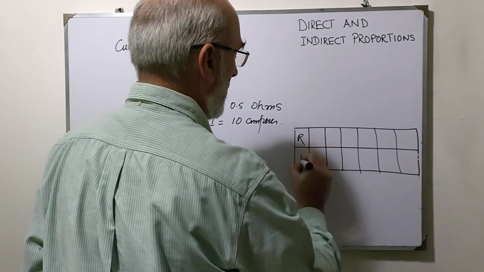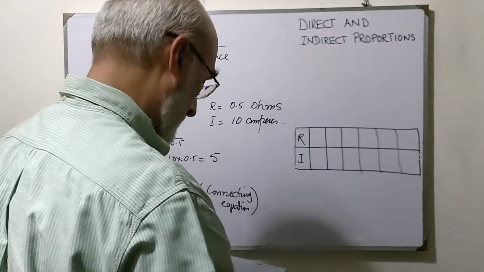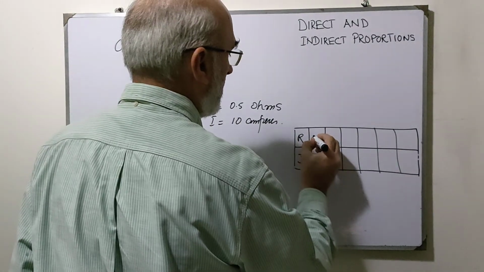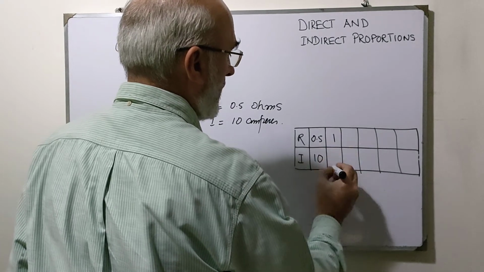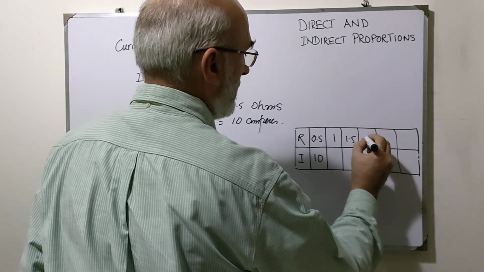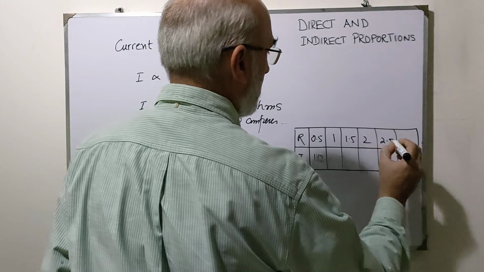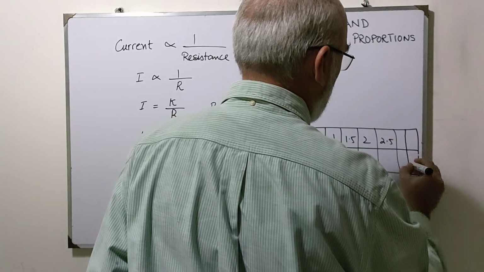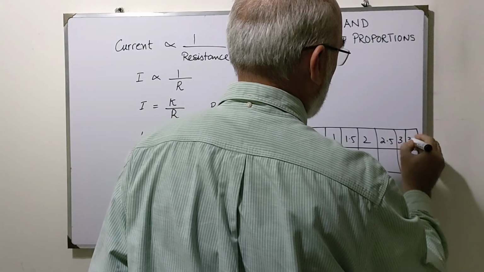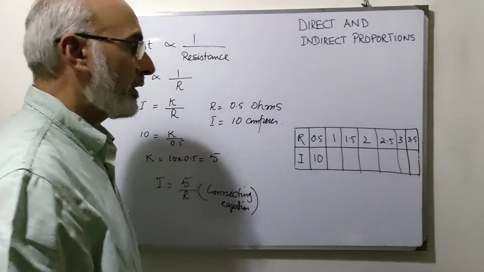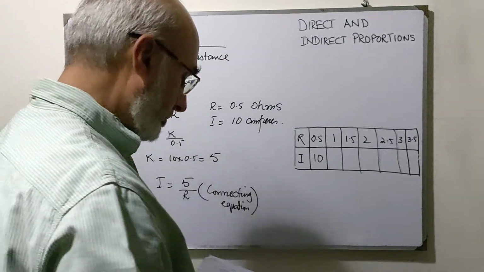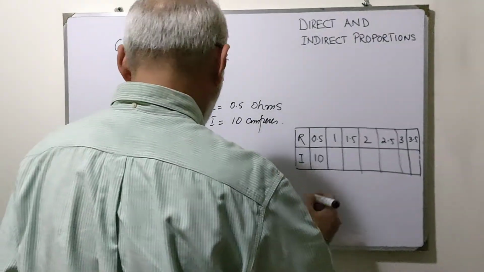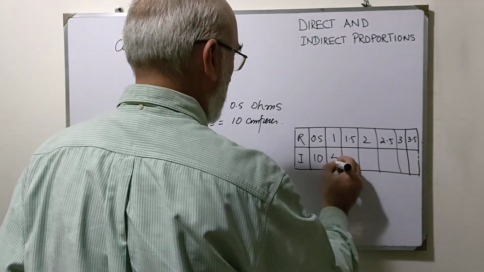So R and I. We have already calculated that at 0.5 it's 10. What will happen when R is 1, 1.5, 2, 2.5? Let's take two more values, in fact 3 and 3.5. When R is 1, I is 5.